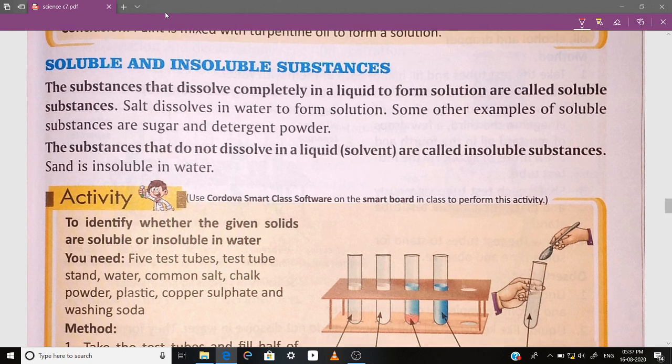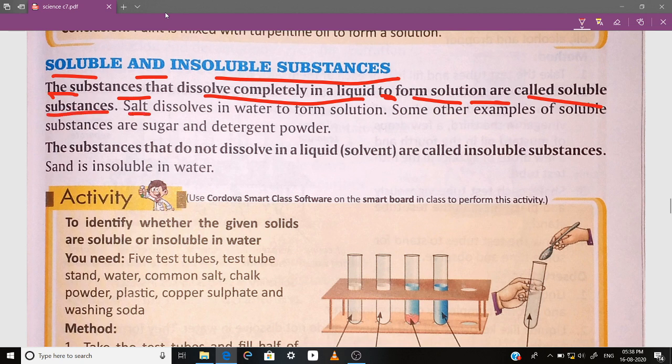Now we will study soluble and insoluble substances. Some substances are soluble, but there are some substances which do not dissolve, so we call them insoluble substances. Substances that dissolve completely in a liquid to form a solution are called soluble substances, such as salt, which dissolves in water to form a salt solution.